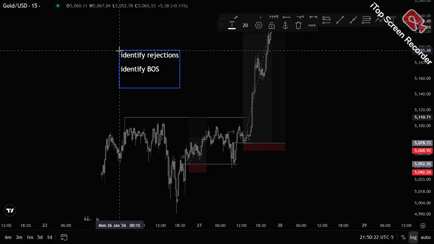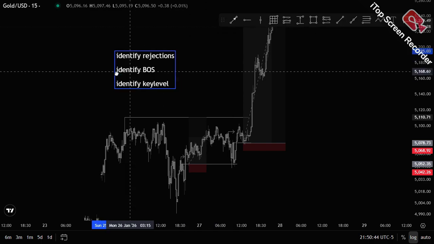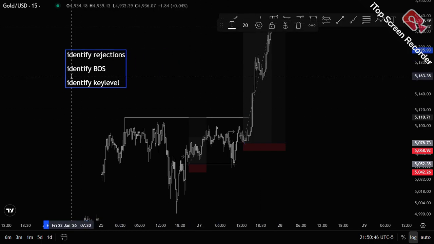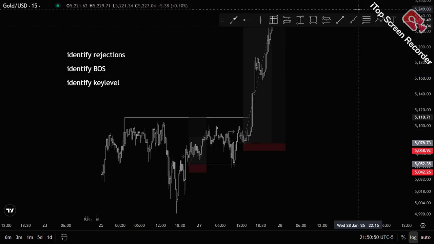Then third step is to identify key level. So this is just the whole rule for trading these simple steps. You don't need much, just this.